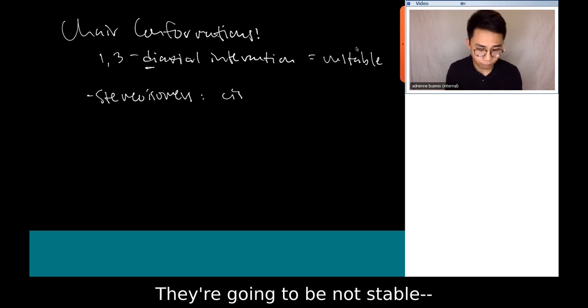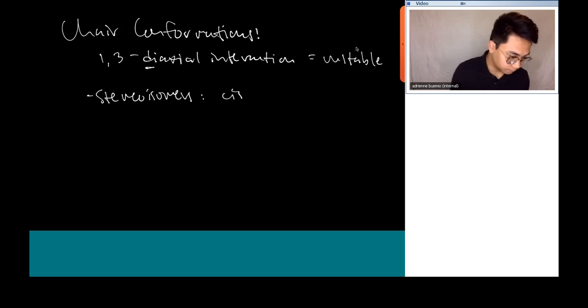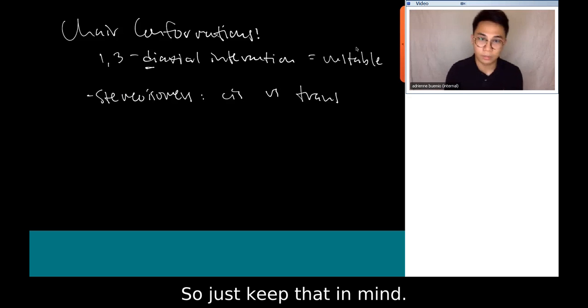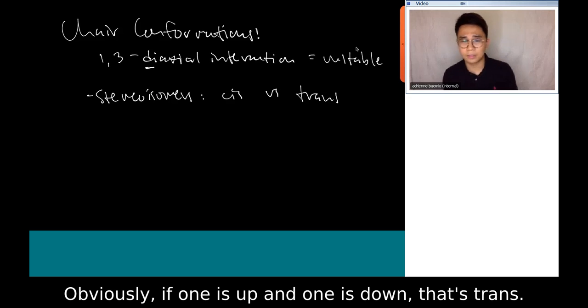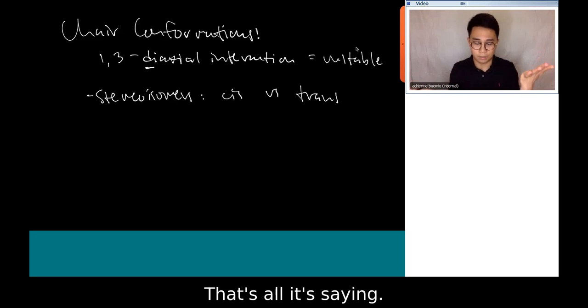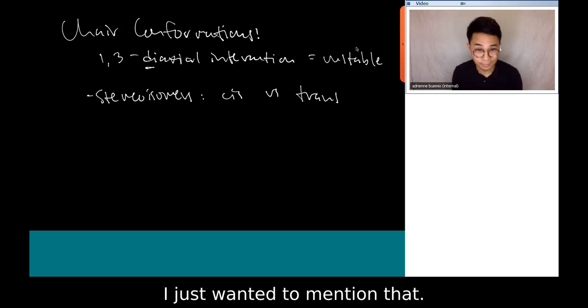They're not stable, right? Cis versus trans. So just keep that in mind. Obviously, if one is up and one is down, that's trans. If both are up, that's cis. That's all it's saying. I just wanted to mention that.